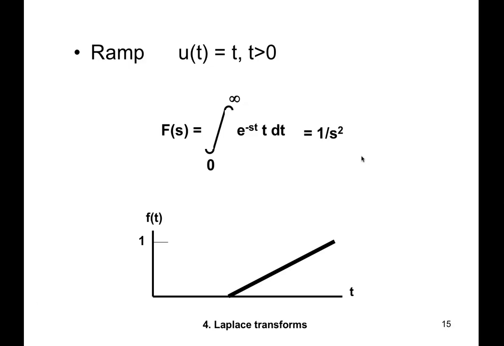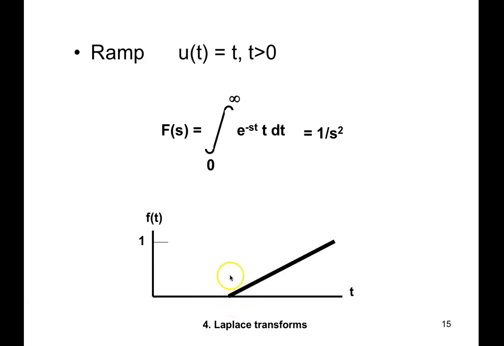The third signal we're going to look at is called the unit ramp signal, where the signal equals t after t equals 0. Before that, we have 0, because there's no point talking about something that happened before. We only deal with things that have happened since you switch on everything.